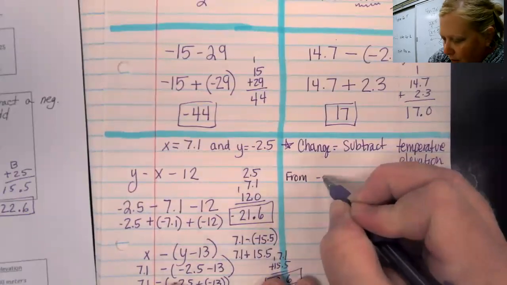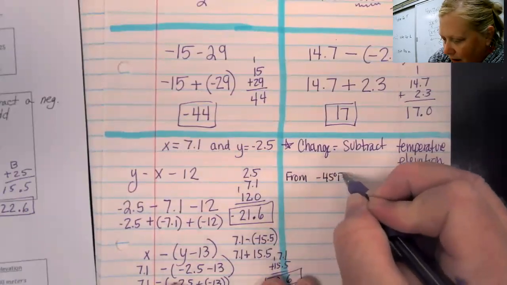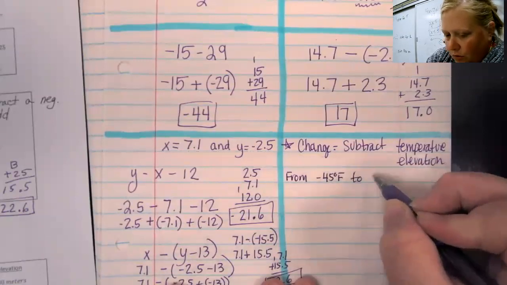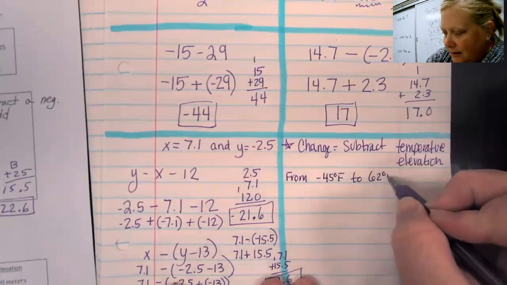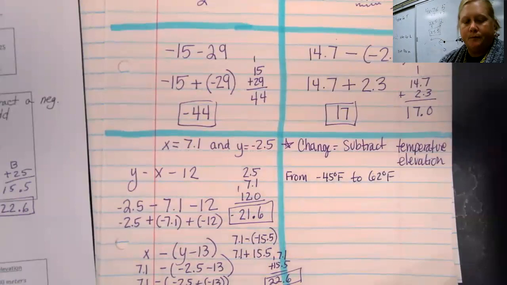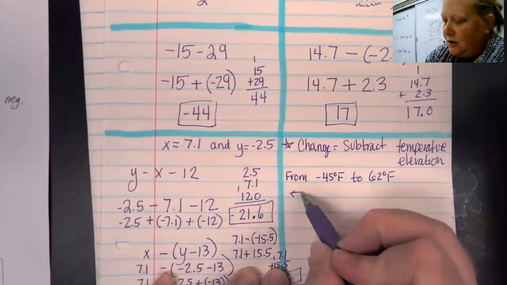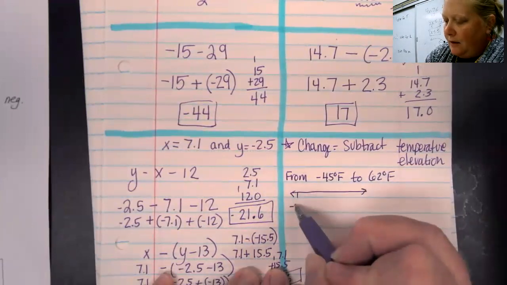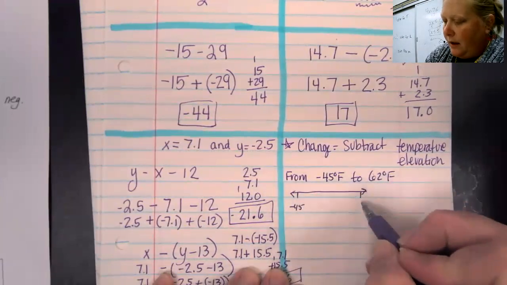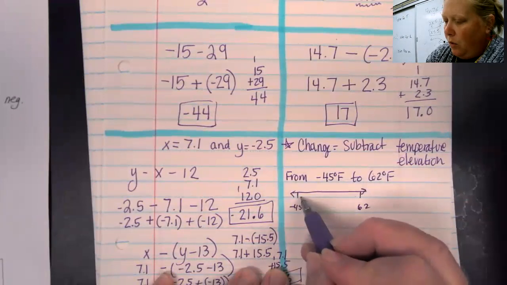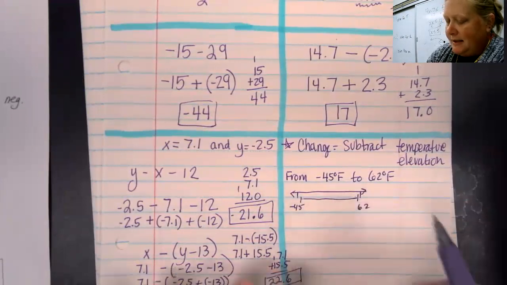So I want to change from negative 45 degrees Fahrenheit to 62 degrees Fahrenheit. How much is the change from negative 45 all the way up to 62 degrees? What is this distance?